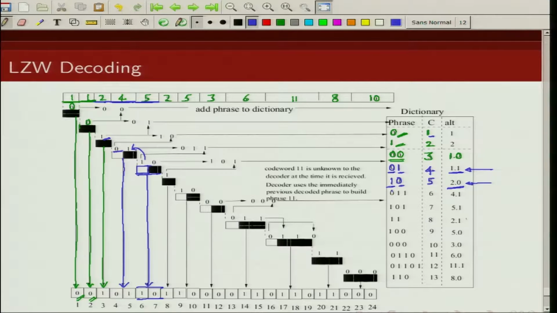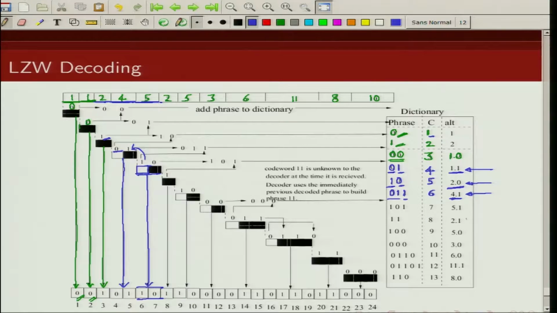So I am going to add this phrase 0, 1, 1 to my dictionary, and this will be my code word number 6. So 0, 1, 1 can be written as 0, 1 concatenated with 1. And what is 0, 1? 0, 1 is my code word number 4. So code word number 4 concatenated with innovation symbol 1. So that is the dictionary entry number 6.